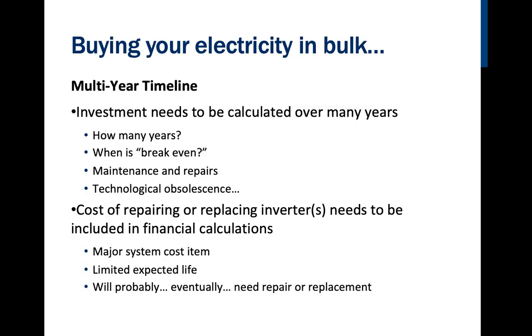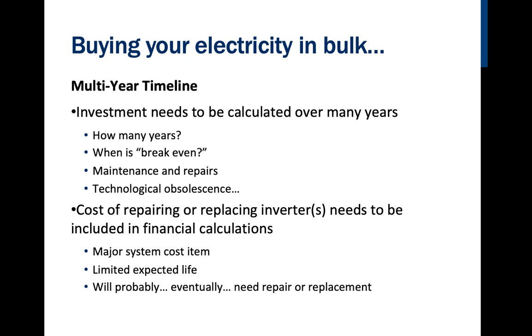So a way to think about this, how we think about this investment: we're taking all the electricity that this system will ever produce in its lifetime, all the maintenance, all the breakdowns, we're calculating that into our model, and we're buying that all up front at today's costs, at today's value of the dollar, and that's our fixed cost.